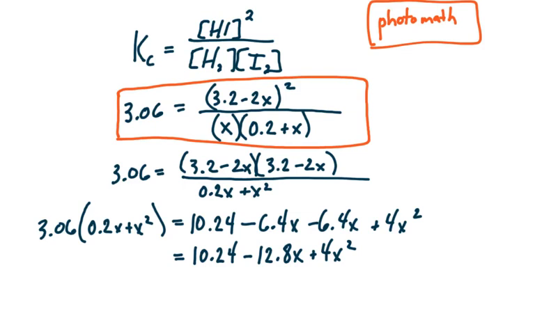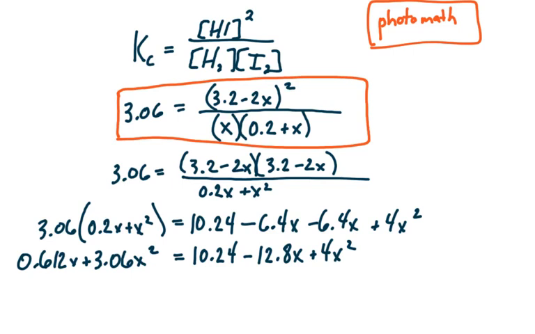And over here, 3.06 times 0.2 is 0.612x plus 3.06x squared. Okay. The next thing, let's bring everything over to one side.